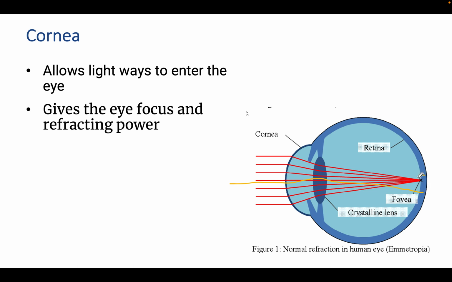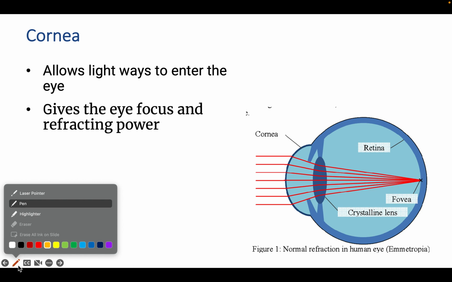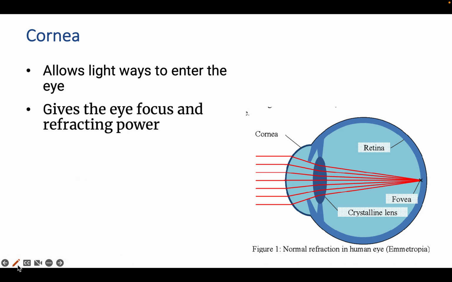Then we focus on a region of the retina that we'll see in a little bit, known as the fovea centralis, which is essentially where we have our best central vision and our best color vision. But keep in mind, light has to pass through the cornea, and then it can be refracted onto the retina.